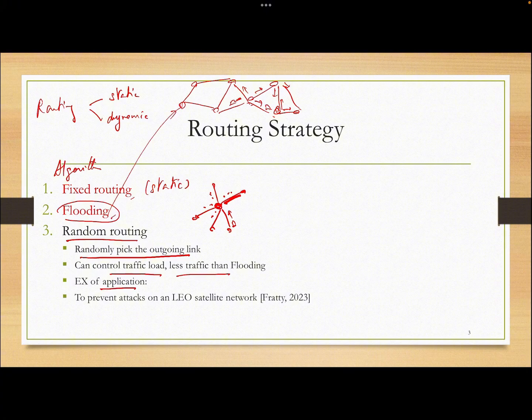An example of application I searched for: the random routing algorithm has actually been used for a long time, but this one is an application in a 2023 paper, to prevent attacks on the low Earth orbit satellite network. You know the satellite is one of the important networks that transmit data, maybe broadcasting or important data, and also internet and everything.